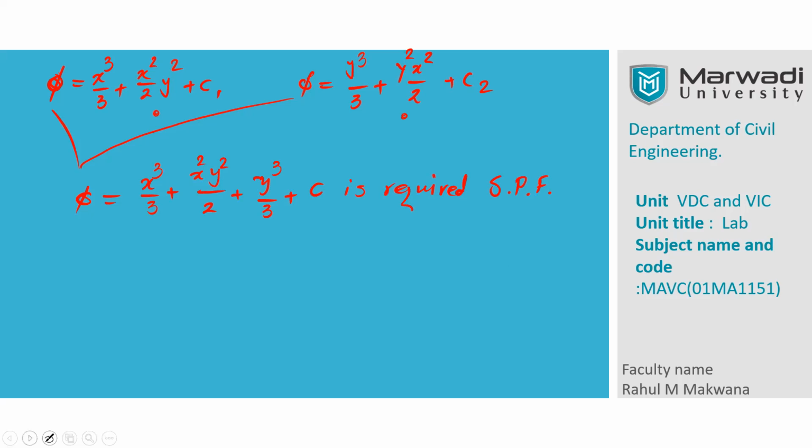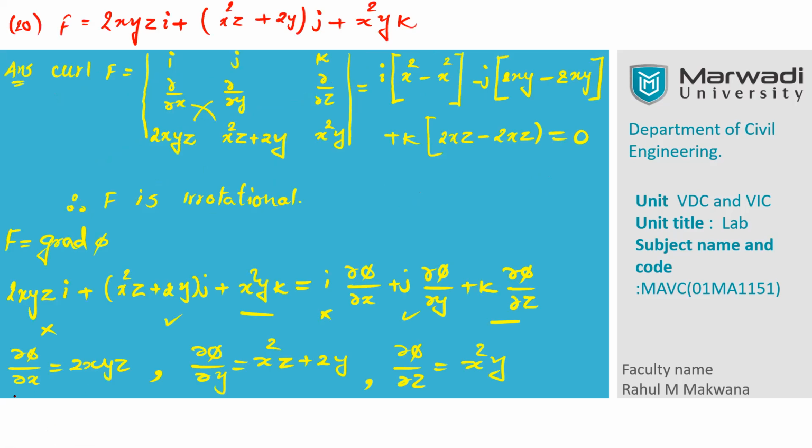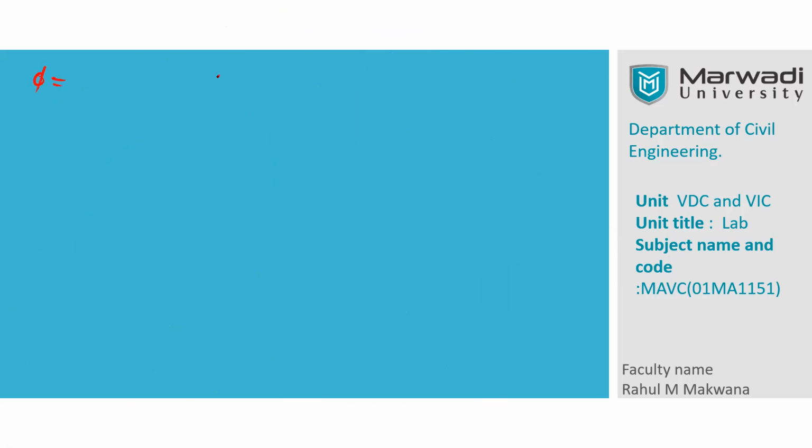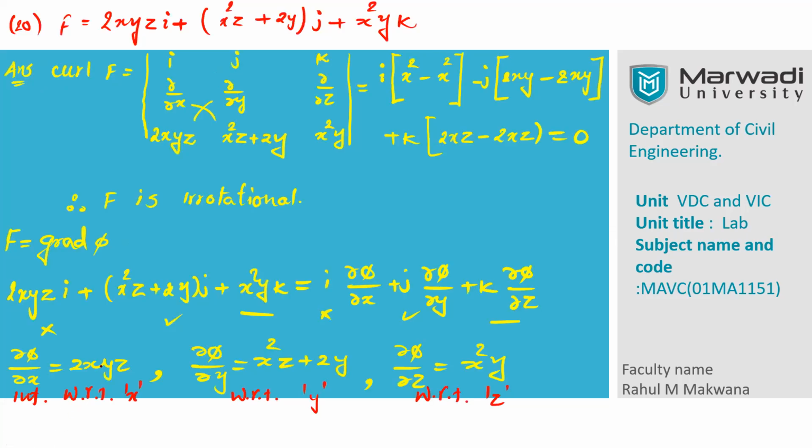Let me do it one more time. Here we'll integrate with respect to x, with respect to y, with respect to z. So we have phi is equal to something for each of the three.